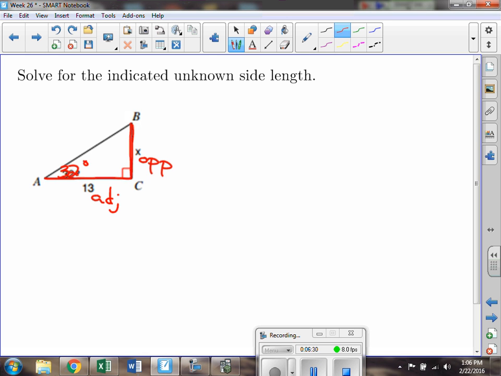So create the equation. Tangent of the angle is equal to opposite over adjacent. X over 13. Correct. In order to solve it, we will have to multiply by 13. And I wanted that in blue so we can see the steps.